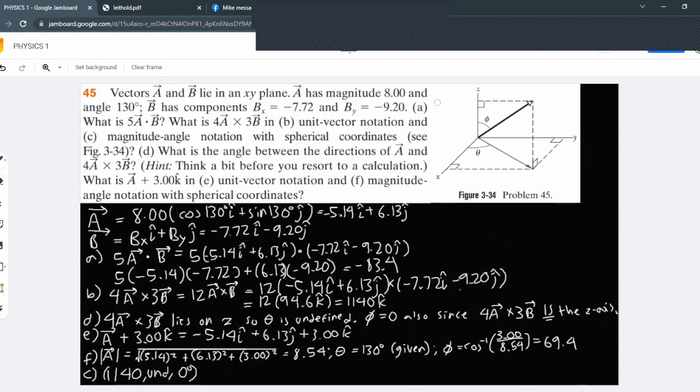Then what is the Y component? So, 0 times negative 5.14 is 0, plus 0 times 6.13, plus 0 dotted with the other multiplied by 1140, which is 0. So the dot product is 0.